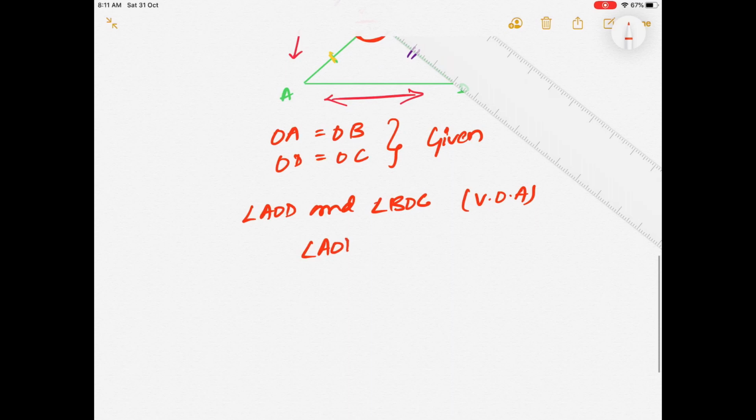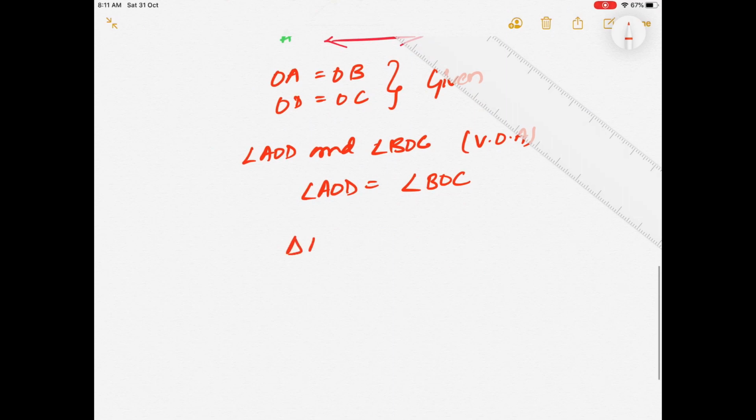So angle AOD will be equal to angle BOC. So now triangle AOD will be congruent to triangle BOC. By which rule? By the SAS congruency rule. You have to write the congruency rule.